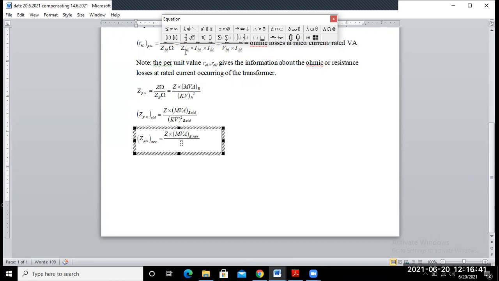Okay, so kilovolt whole square base new, whole square is the value of new.